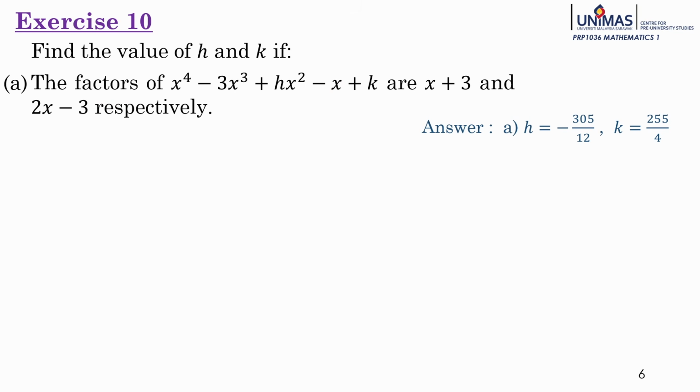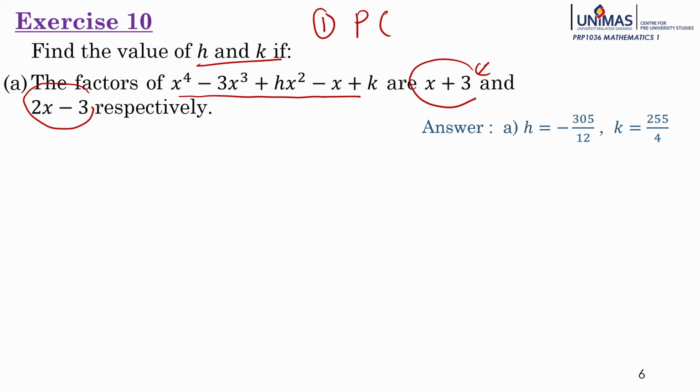Now exercise 10. Find the value of h and k if the factors of this polynomial are x plus 3 and 2x minus 3. So the first one, what is the value of a? It is negative 3, right?